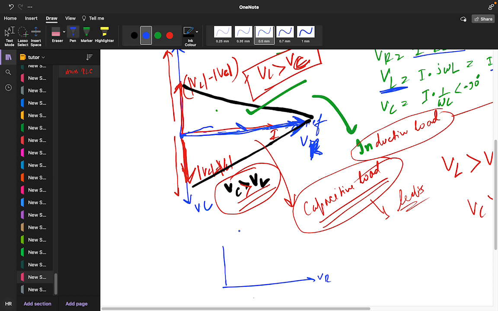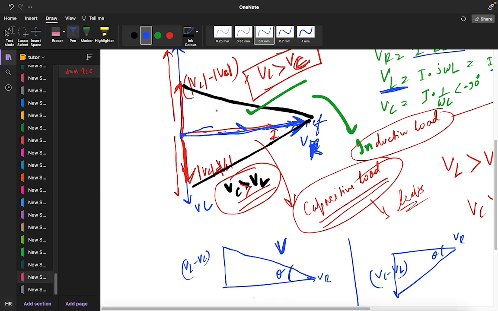You are assuming your VL is greater than VC, so VL minus VC will come upper side, and this will give you the net voltage V. Since this is VR, the theta will come here. And if your VC is greater than VL, then the result will come down. This is your VR, this will be the theta, and this will be VC minus VL.